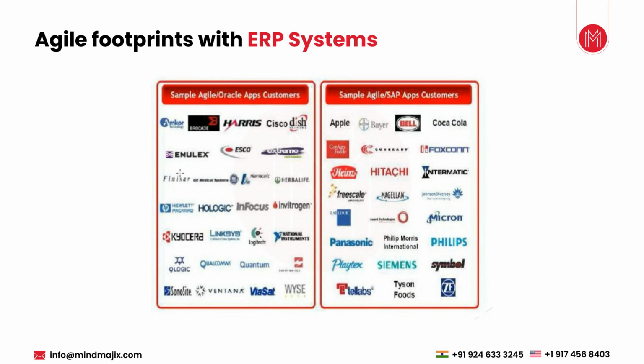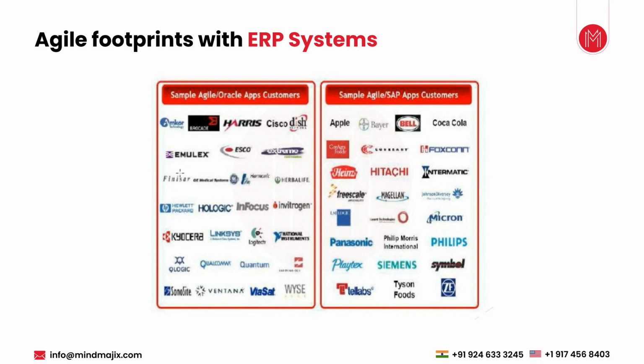Oracle, these are some clients which use different suites. The combination of Agile and Oracle apps, that means EBS. On the left hand side, you can see companies which are using Oracle Agile PLM and the EBS system as a part of a suite.